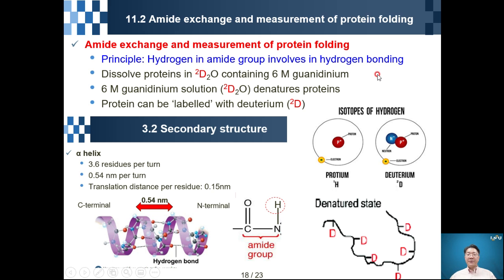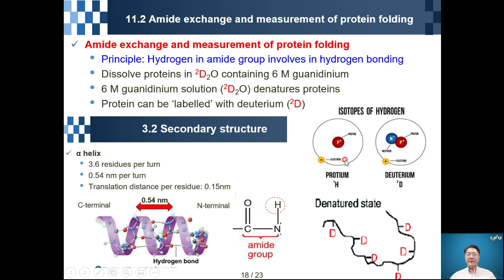To fully understand this experiment, we have to know the isotopes of hydrogen. This is the usual hydrogen, which is composed of one proton and one electron. That's why we call it H, and its molecular mass is 1.